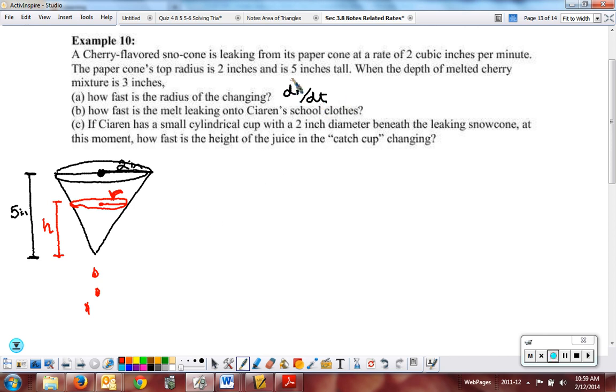We're trying to find dR/dt when H equals 3, and I'm also given our dV/dt. Everybody good with the negative part of that? Why is it negative? I'm leaking out, so the volume itself is getting smaller as it leaks out. So we have negative there.